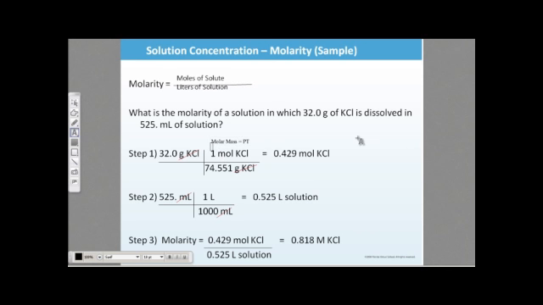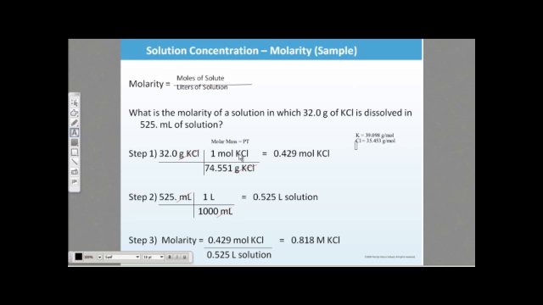So if we went to our periodic table, we looked up the mass of potassium, we would get 39.098, and the units are always grams per mole. And then we do the same thing for the Cl, and that mass is 35.453, and again it's grams per mole.